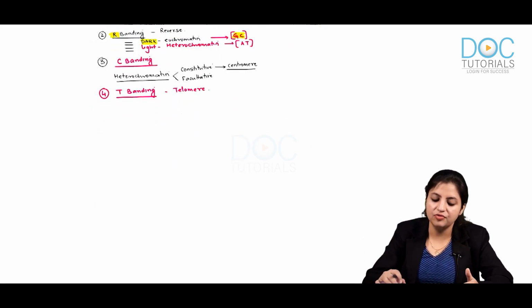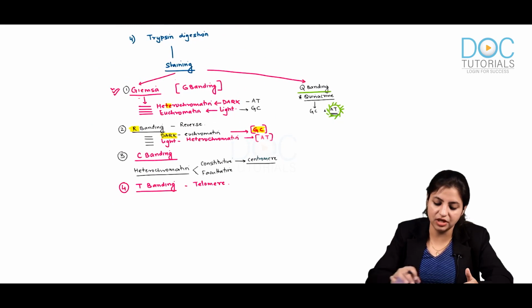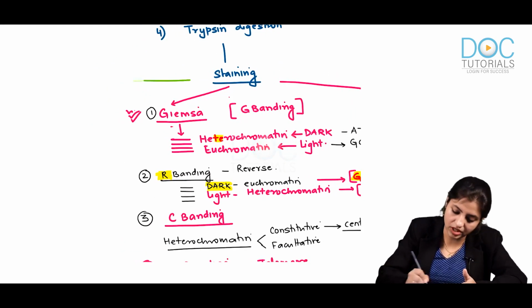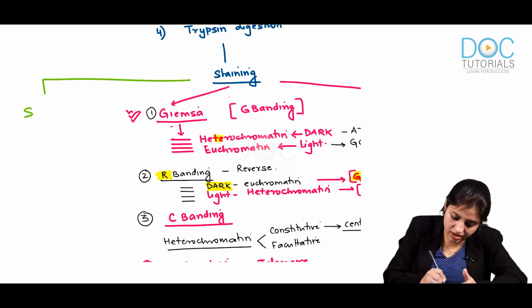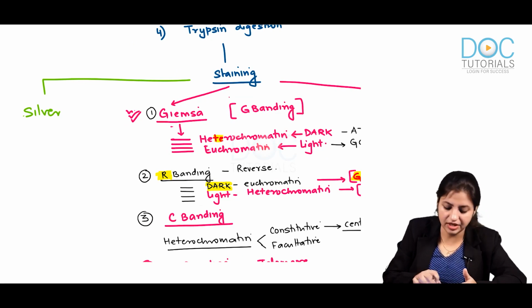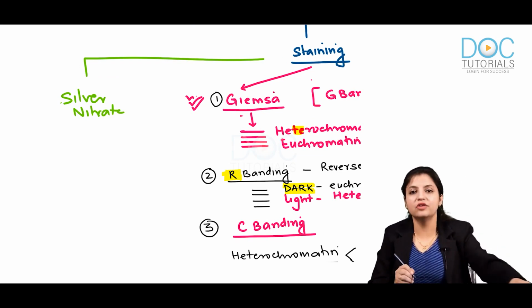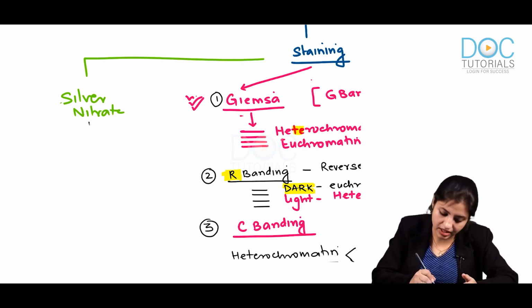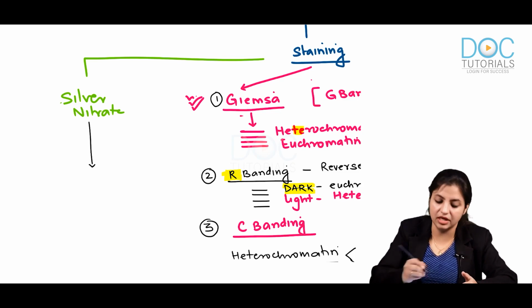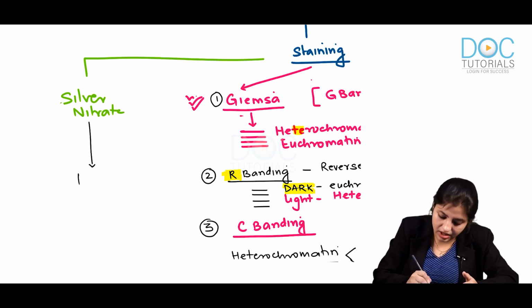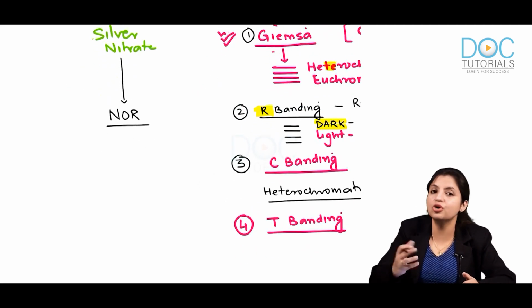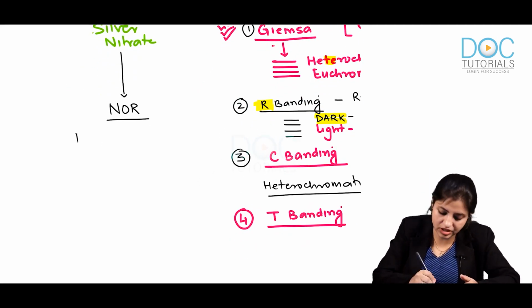Apart from that, we also have one more stain which we can use: silver nitrate stain. Silver nitrate stain basically can highlight NOR regions, that is nucleolar organizing regions.